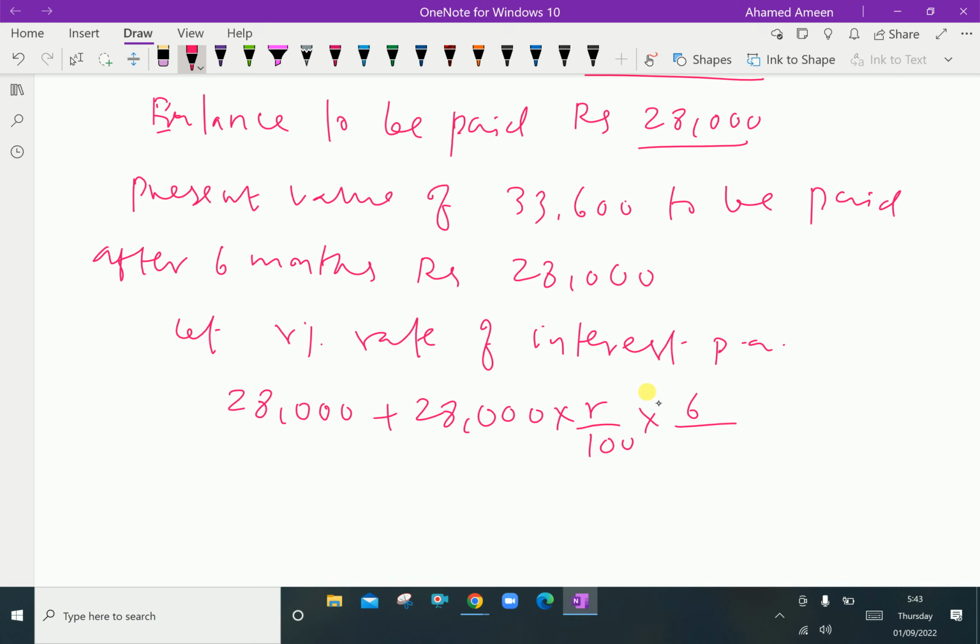After 6 months only he has to pay, so 6 by 12 of a year, since R is per annum, is equal to 33,600.